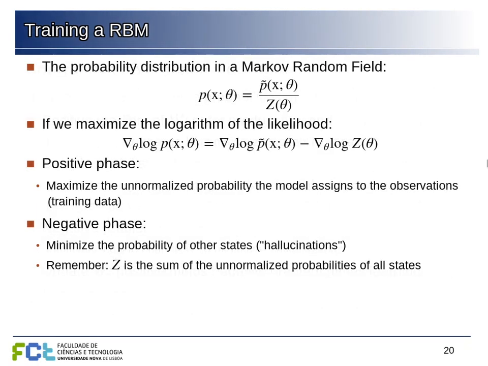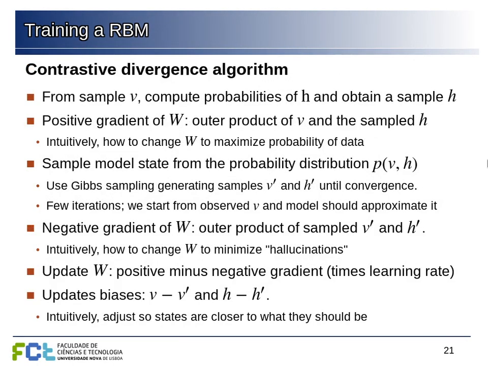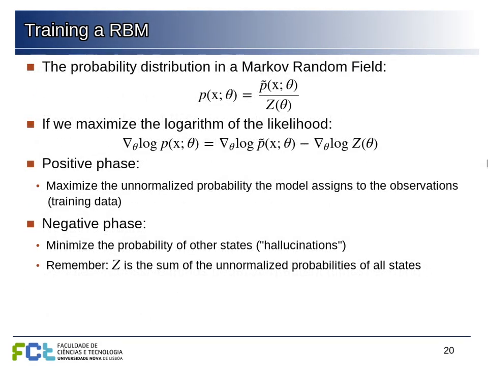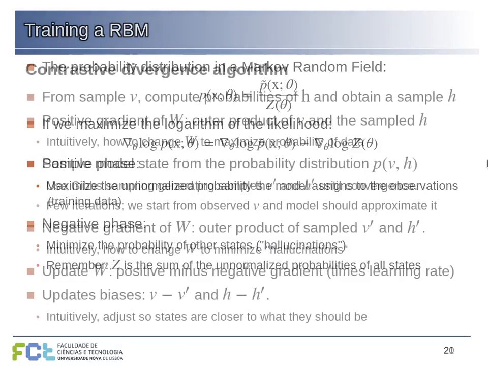This part here would be the outer product of the values that we have on the example and the values that we have in the hidden variables. Both of these are vectors. If we compute the outer product, we have a matrix, and this gives us an idea of how to change the weight matrix, in which direction, in order to maximize the probability of this example occurring in our model. So this would be the positive stage, where we are maximizing the unnormalized probability distribution for each particular example.